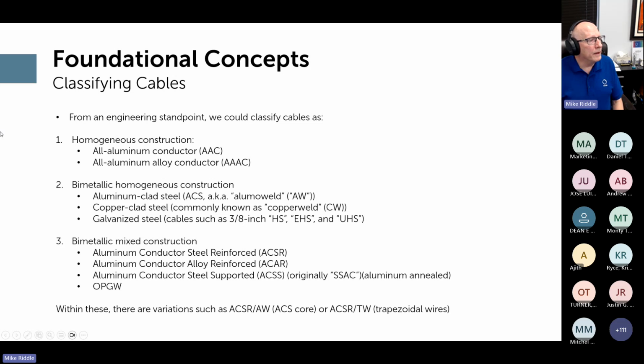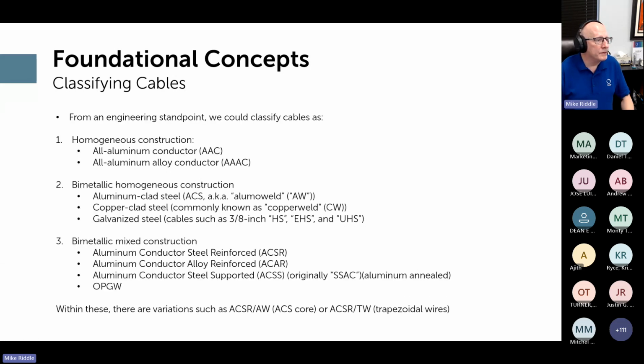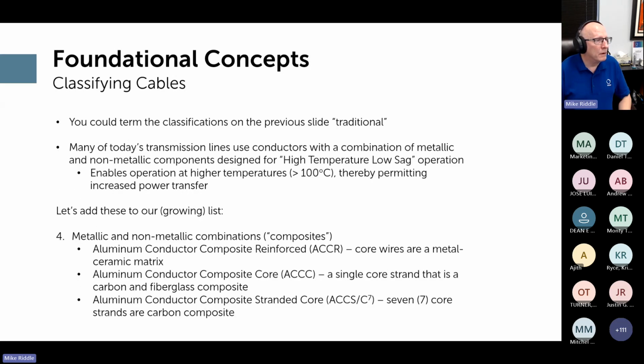And then within these, you've got various variations, ACSR/AW. So ACSR, but instead of galvanized steel in the core, you have aluminum clad steel. ACSR trapezoidal wires, ACSR/TW. And those previous constructions, you could say, are traditional.